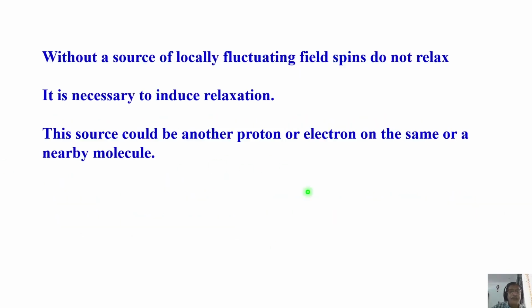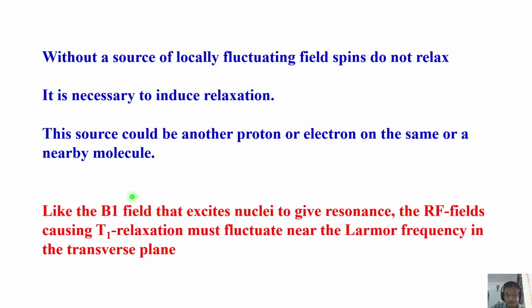Okay, and without that fluctuating magnetic field, without that source, spins do not relax at all. And it is necessary to induce relaxation. This source could be another proton, electron, or any nearby molecule. Like if you apply a radio frequency pulse and excite spins to give resonance, the same radio frequency fields causing relaxation must also fluctuate near the Larmor frequency.